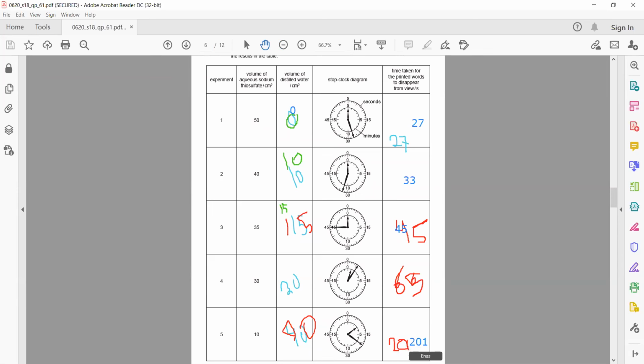So these are the time intervals, the volume of thiosulfate, and the volume of distilled water.